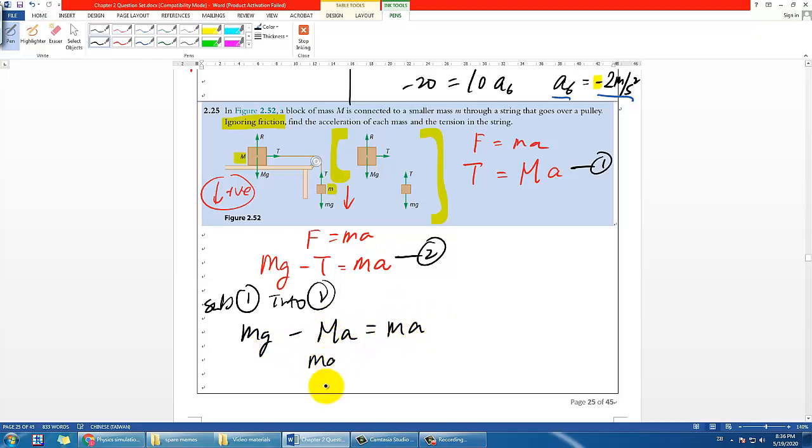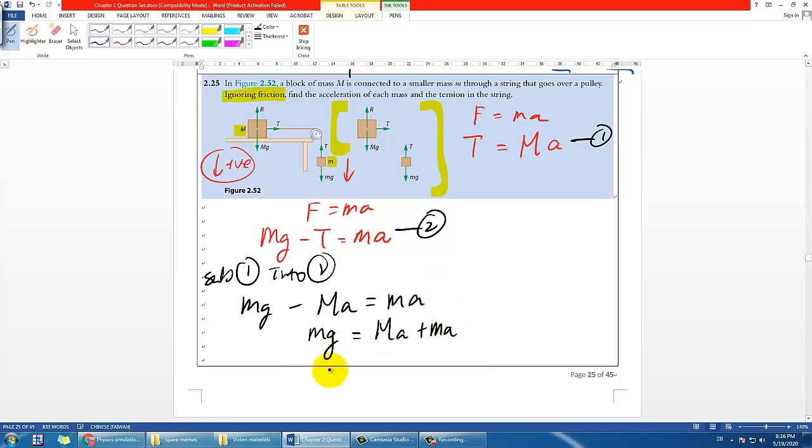So you would have small mg equals big Ma plus small ma. If you try to express the acceleration, again they have the same magnitude of acceleration, it will be small mg over big M plus small m.